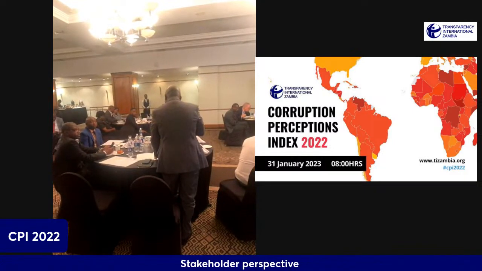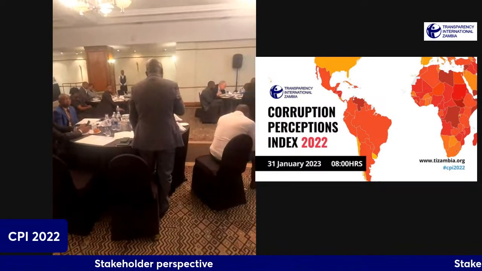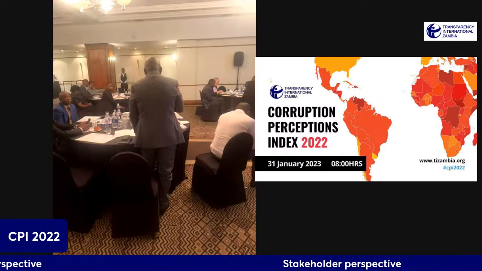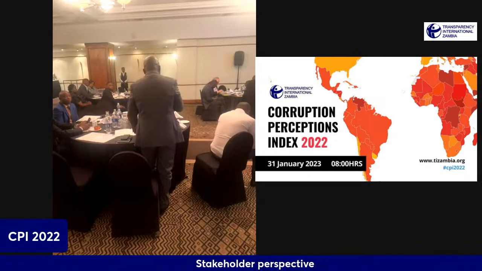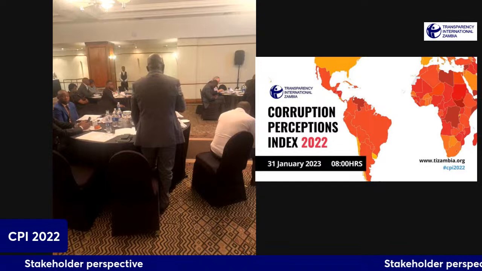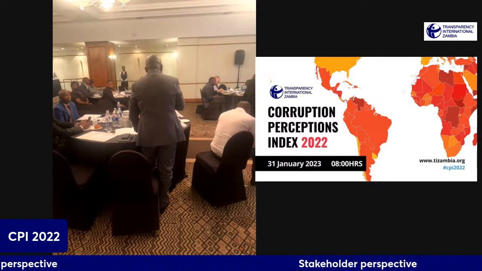Now, what strategies do you think you'll be able to put in place so that maybe next year the picture can change from being at the same position, maybe to move to another position?